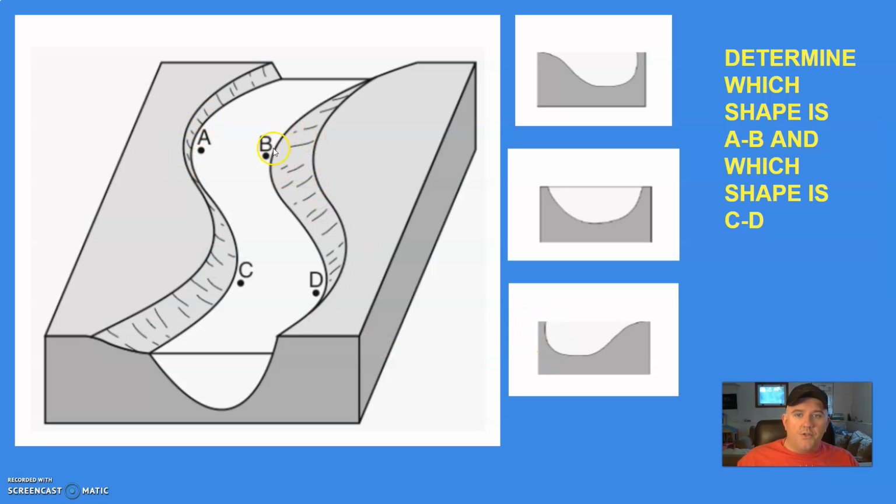The inside's where it's shallow and depositing, so it's shallow here. C and D, we see something like we have in the top portion here, where the inside is where it's depositing and it's slow. It's here. And the outside is where it's being eroded away and it's deep.